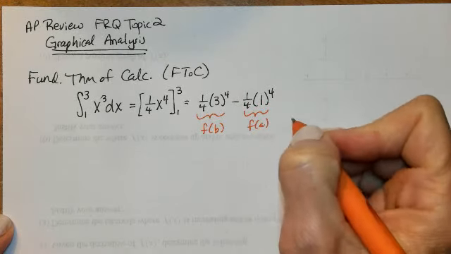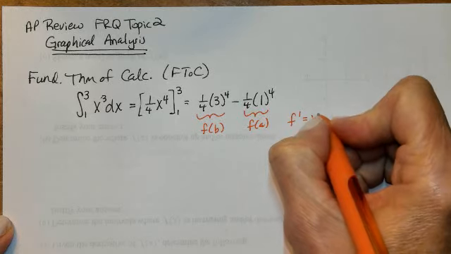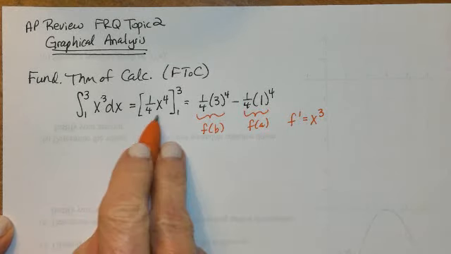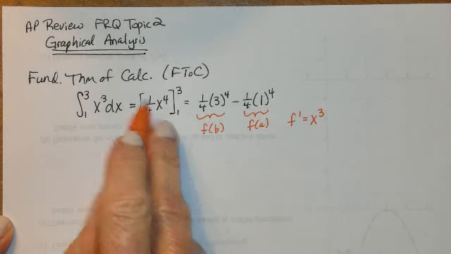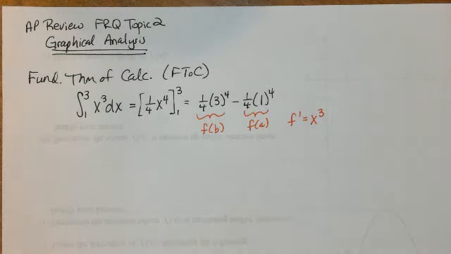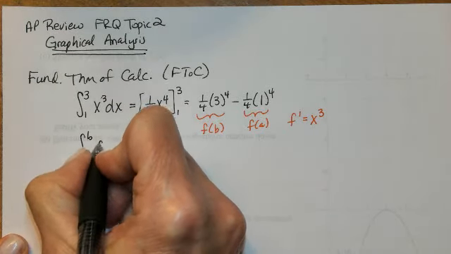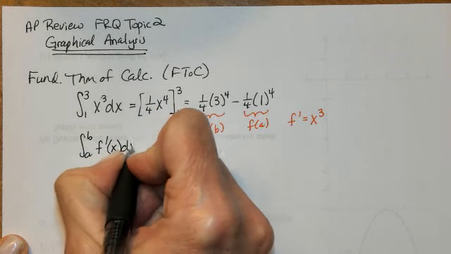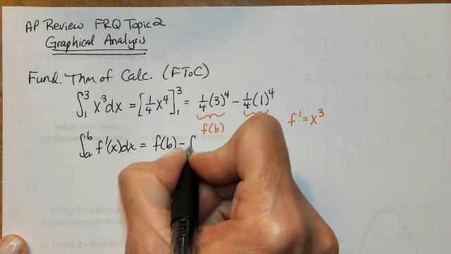If F prime is equal to our original function x cubed, which it is, because if you take the derivative of F, you do get x cubed, then the fundamental theorem says this: the integral from a to b of the derivative of F is equal to F of b minus F of a.